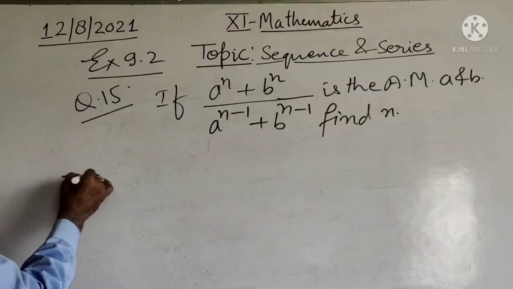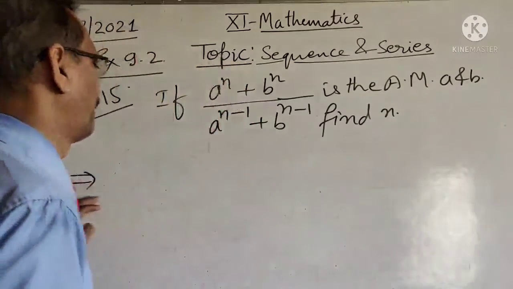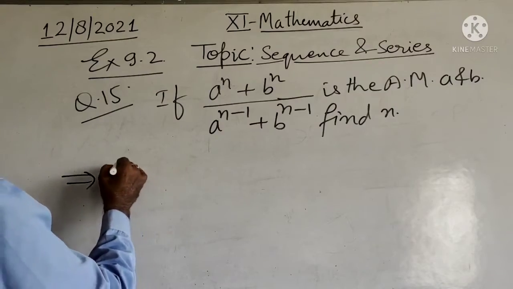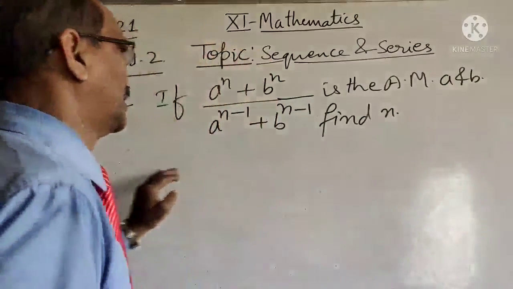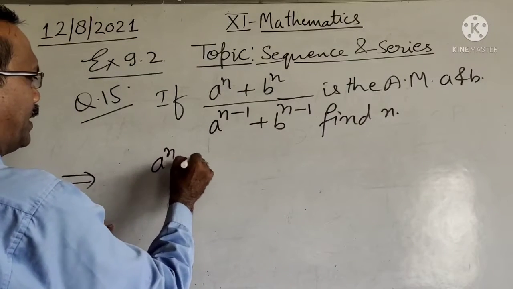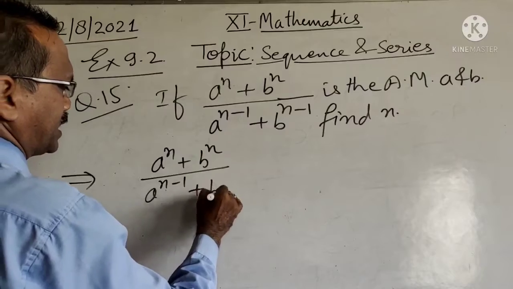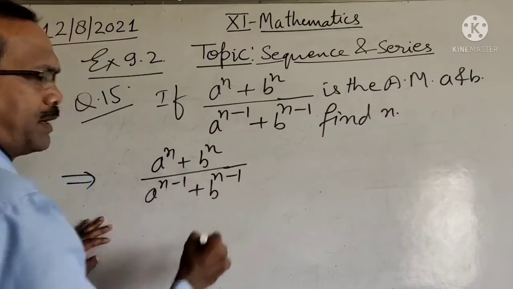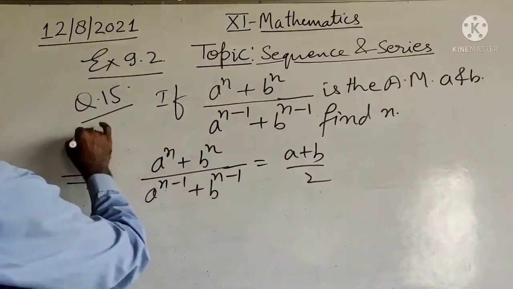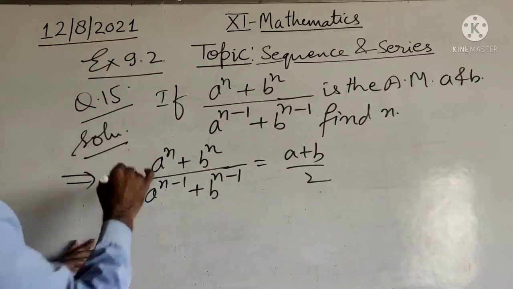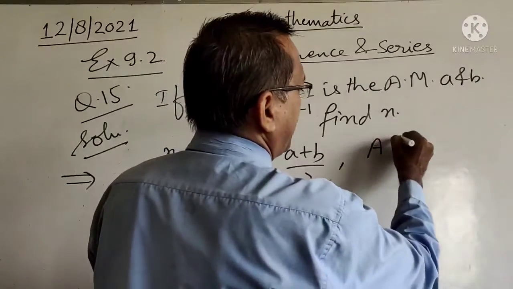Dear student, there are 2 methods to solve this question. Since it is the AM between 2 numbers a and b, (a power n plus b power n) upon (a power n minus 1 plus b power n minus 1) equal to (a plus b) upon 2. (A plus b) upon 2 is the arithmetic mean between 2 numbers.